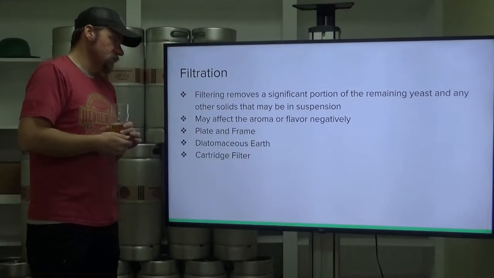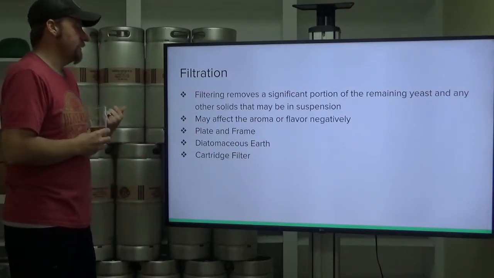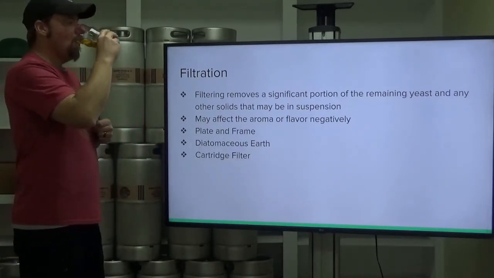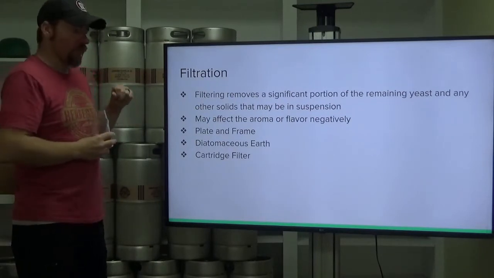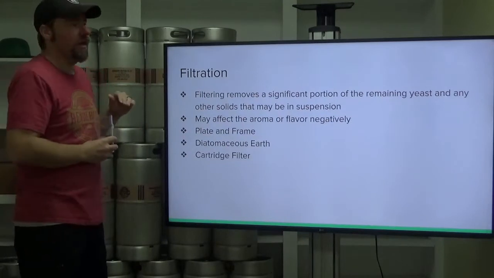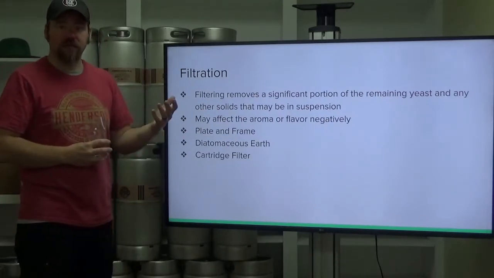Filtration. Filtering removes a significant portion of the remaining yeast or any other solids that may be in suspension. The issue with that is if you have a certain micron size filter, it is going to stop everything, whether or not that be a positive or negative thing.